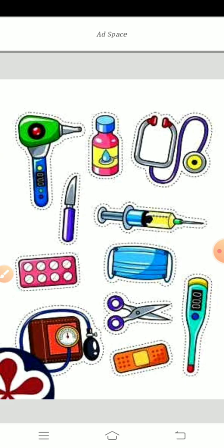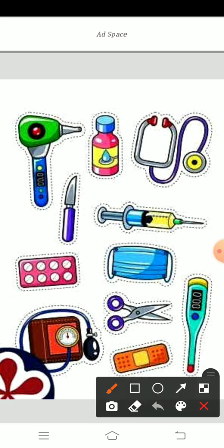So what is in the first aid kit? Doctors usually keep a stethoscope, syrups, tablets, scissors, a knife, and a body temperature checker called a thermometer, a mask, injection, bandage.